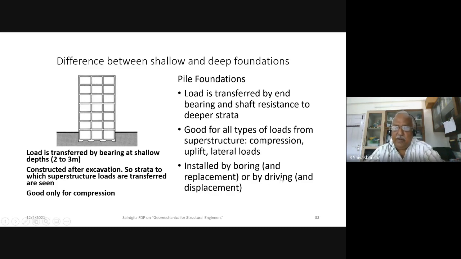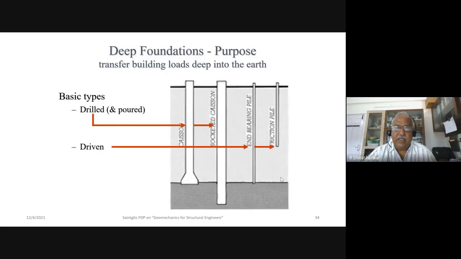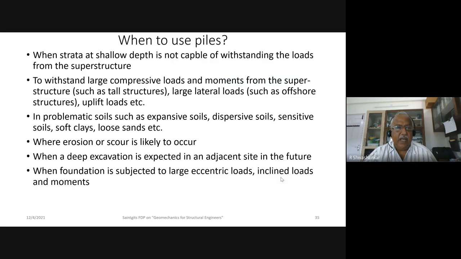But in case of driven piles, we are driving the piles and forcing the soil to displace, make way for the piles. So again, piles are, you can say, from 7 centimeter to 7 meter diameter, and they can be end bearing piles and friction piles.